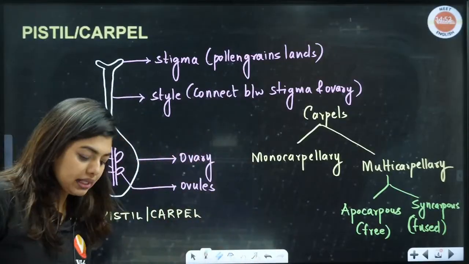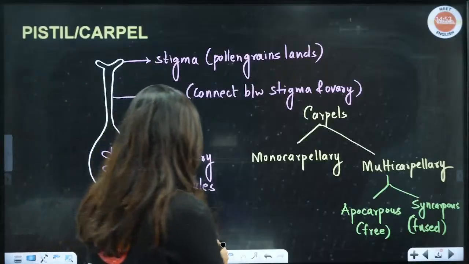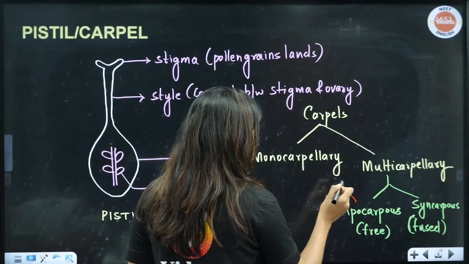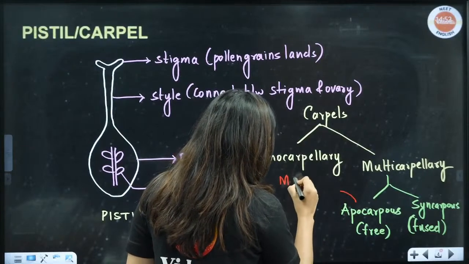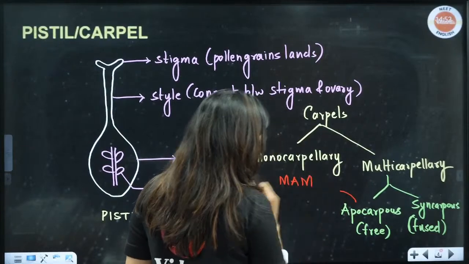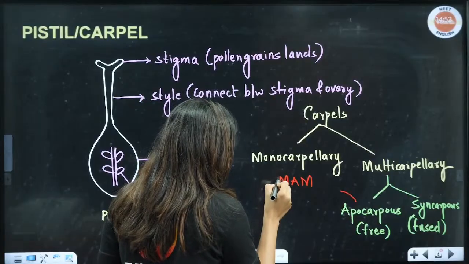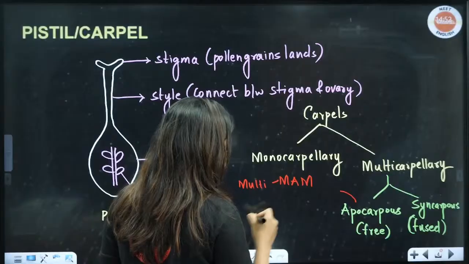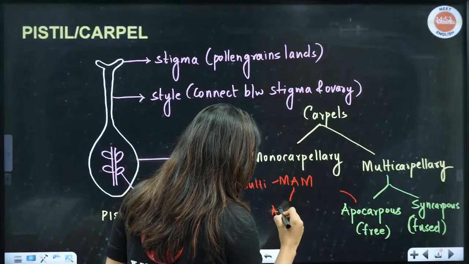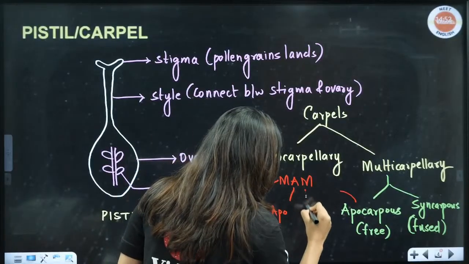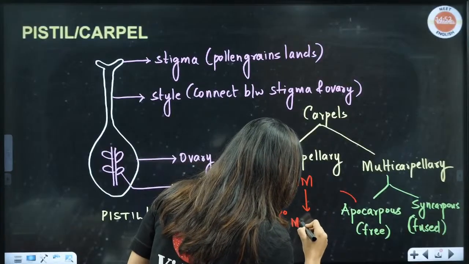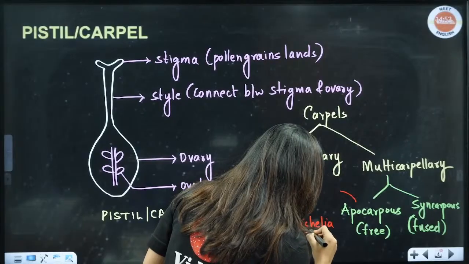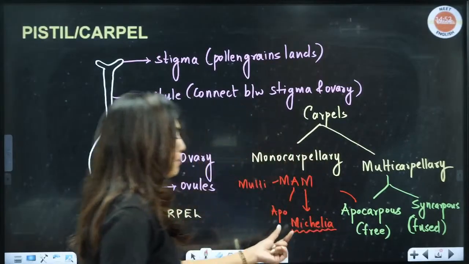So remember this. Now there is a way to remember the examples, okay, in your NCERT 2 examples are given. Students, you can remember this like this, M-A-M, ma'am. Now look here, M for multicarpellary, I am just writing short forms here. A for apocarpous. Now the example, Michelia. M is Michelia.